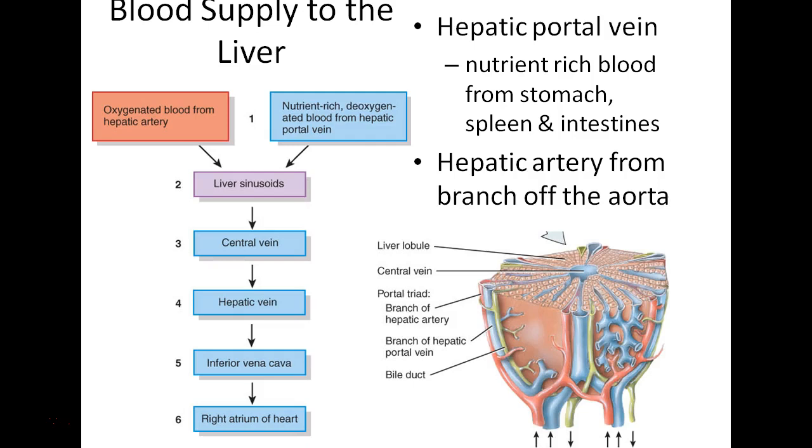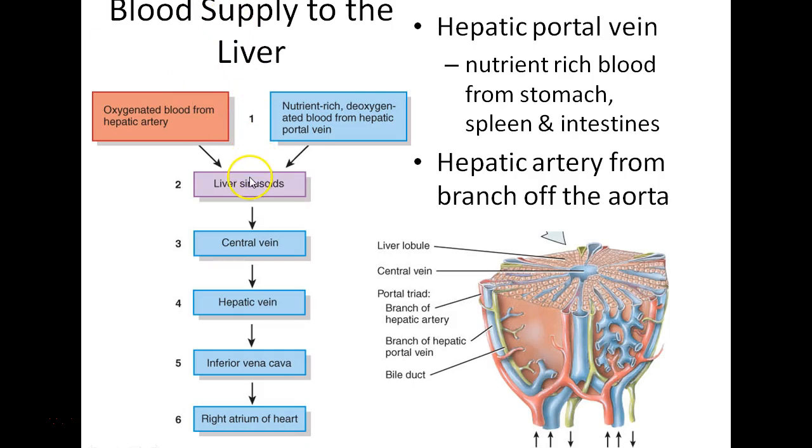And then we have the hepatic artery, which is going to branch off from the aorta. So that means the hepatic artery carries oxygenated blood to the liver, and the hepatic portal vein carries nutrient-rich but oxygen-poor blood from the capillary beds of the GI tract, the spleen, and the pancreas to the liver.